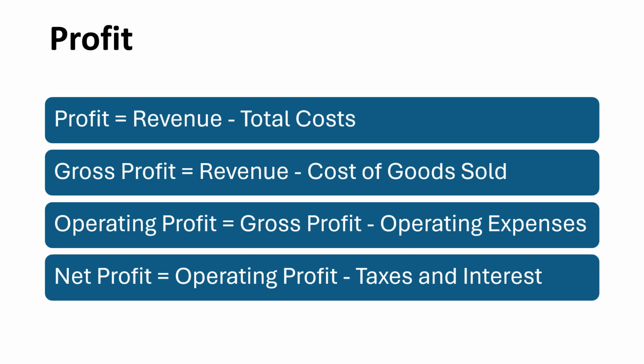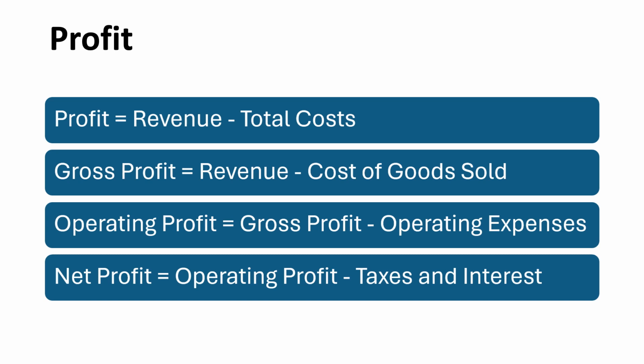Now we will find out how we can calculate the different types of profit and what equations we need. So let's get started with the standard profit. In order to calculate the profit, you need to do the revenue minus the total costs. In order to calculate the gross profit, you need to do the revenue minus the cost of goods sold.